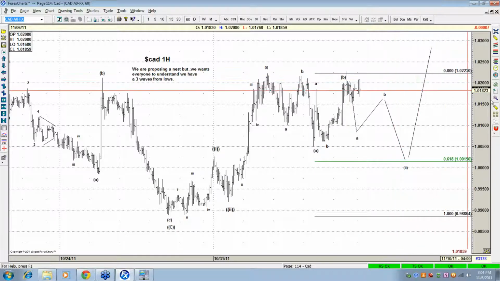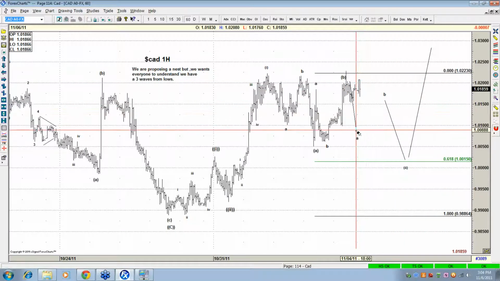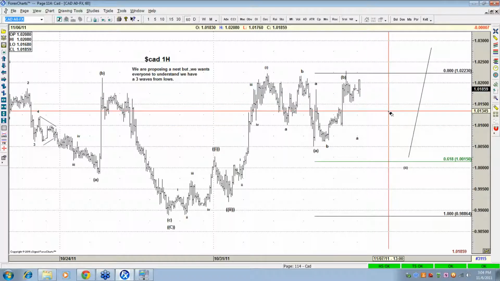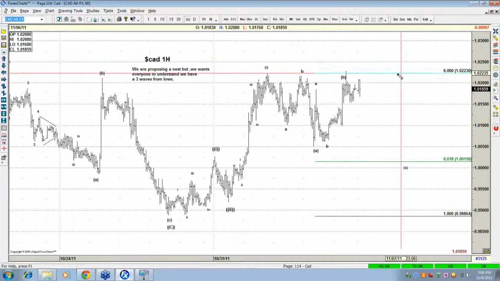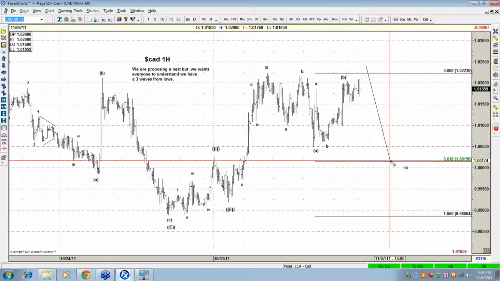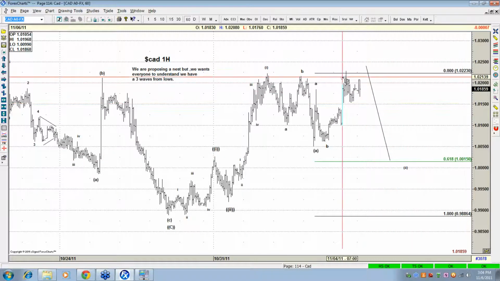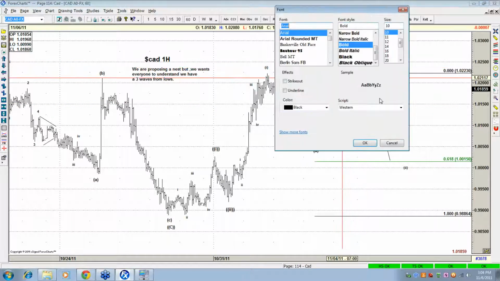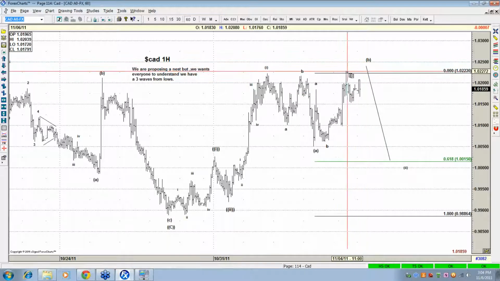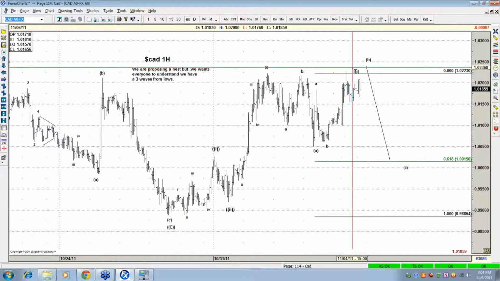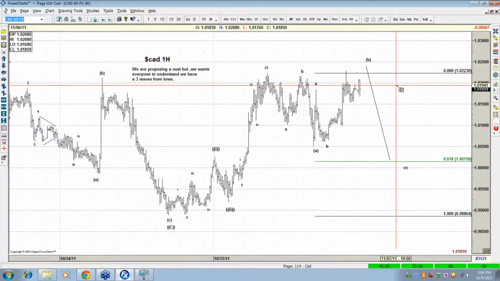Maybe the dollar CAD is going to do a flat, either from here or from here. Maybe the dollar CAD is doing a flat.